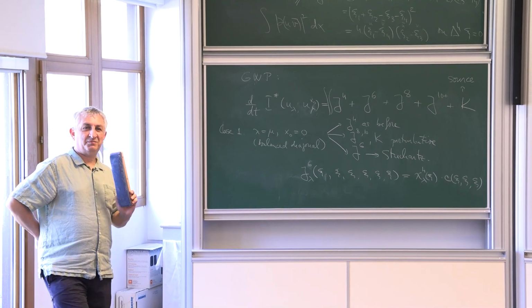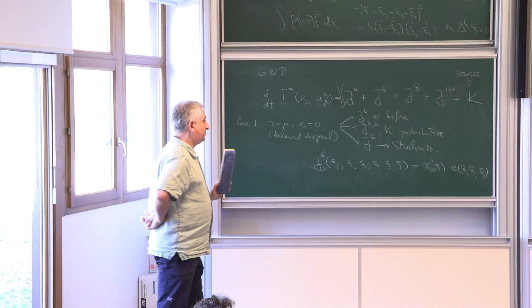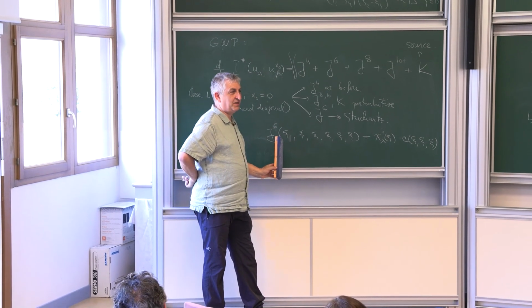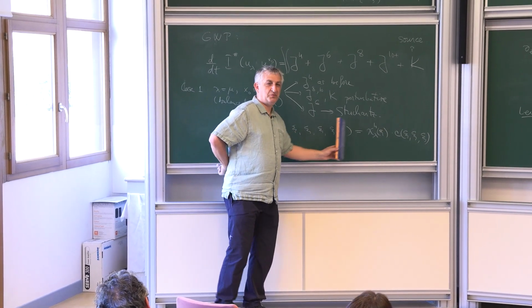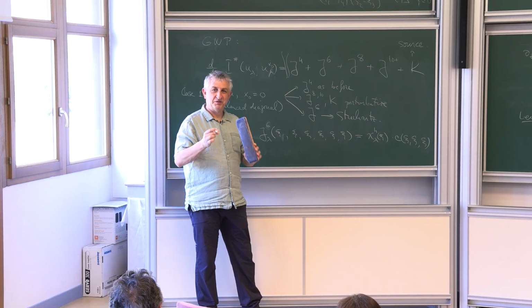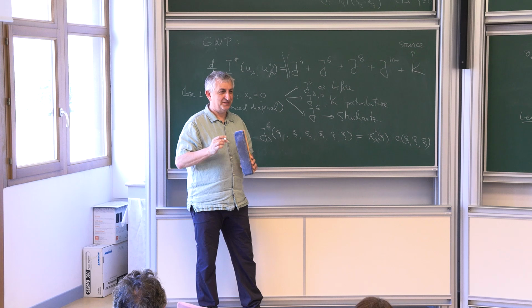So what saved the day in the end is to realize that there's some Galilean invariance in here. So you don't have to compute this formula in the most general case. You can specialize it sufficiently that it becomes easy to compute. So you cheat, in other words.